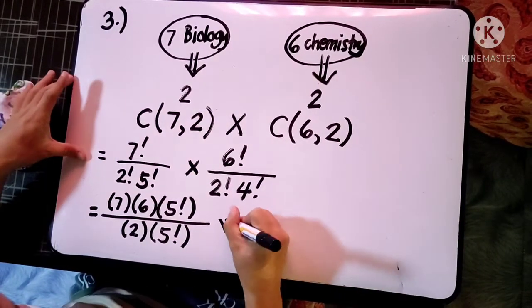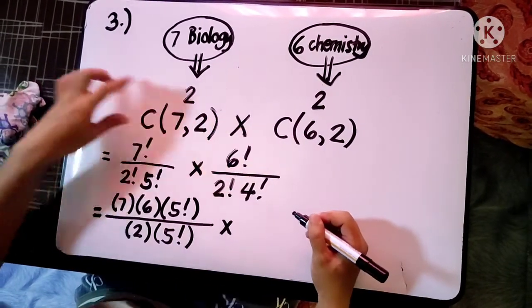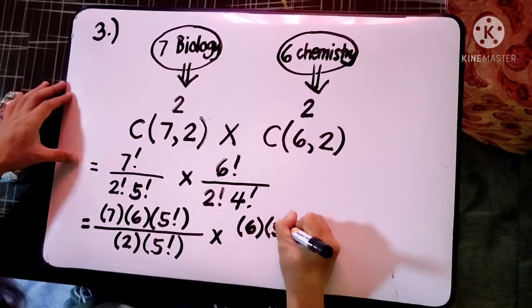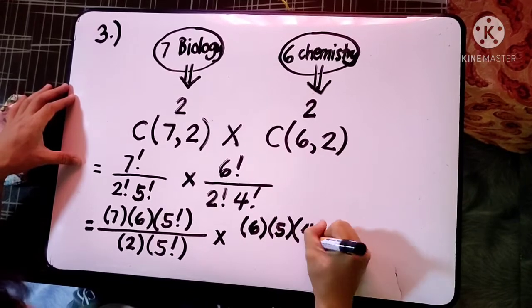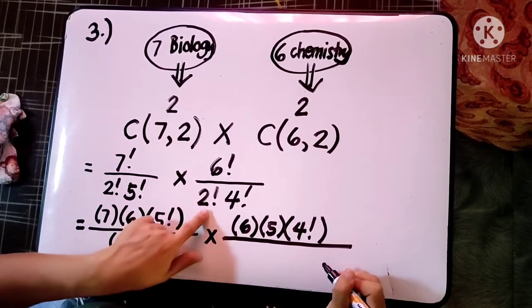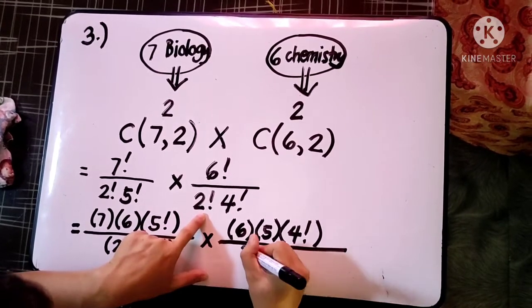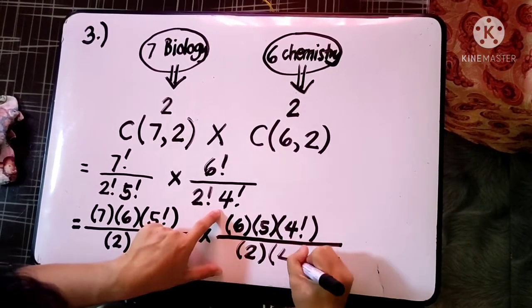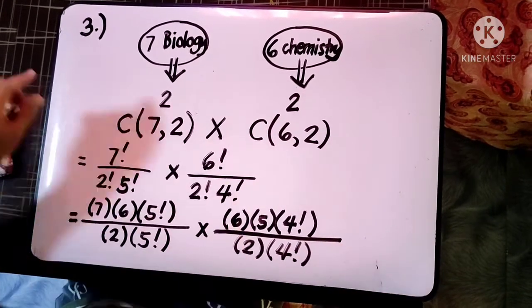Copy the multiplication symbol. 6 factorial becomes 6 times 5 times 4 factorial over 2 factorial, which is 2 times 1 equals 2. So you copy 2, then copy 4 factorial.